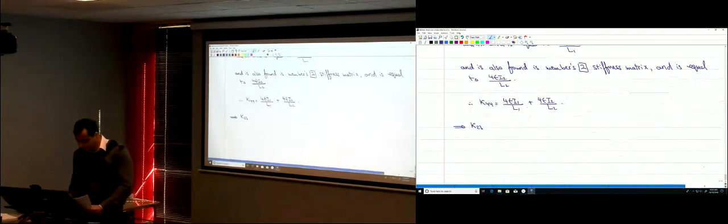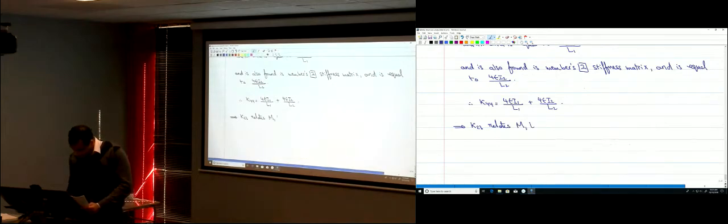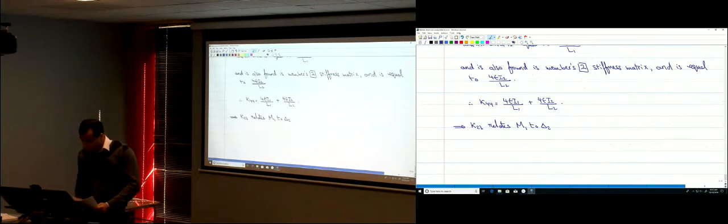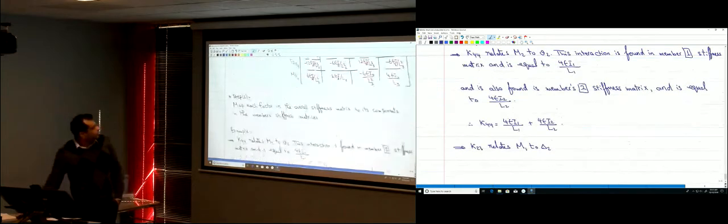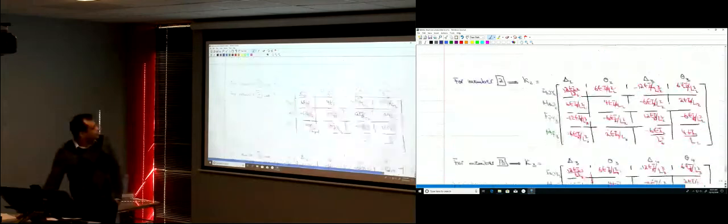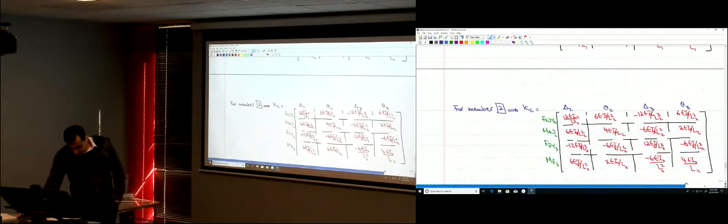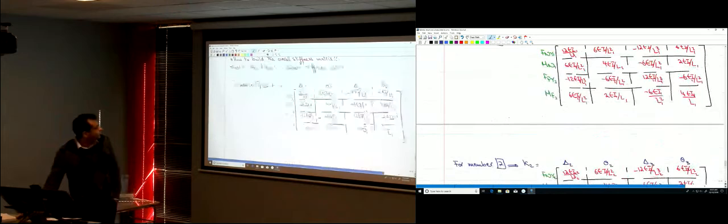So K23 relates M1 to delta 2. So let's look at the three element stiffness matrices.